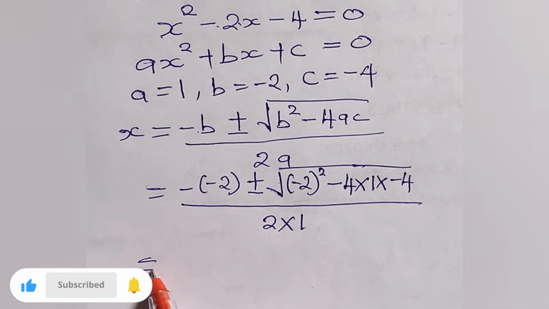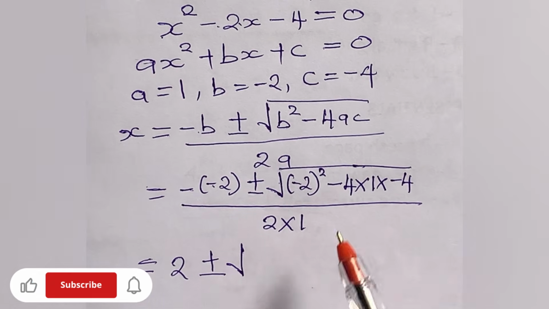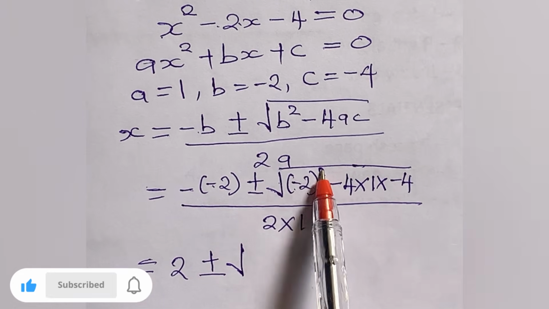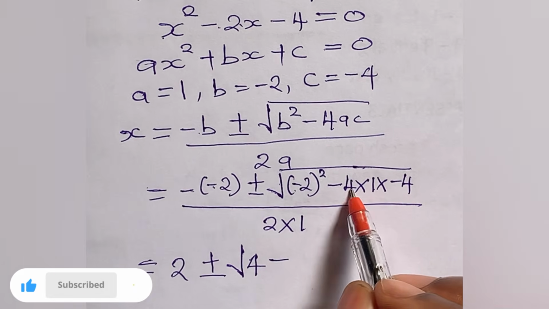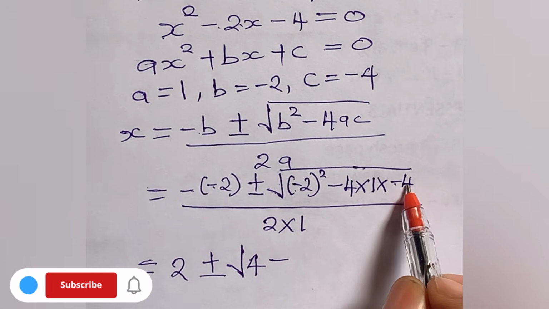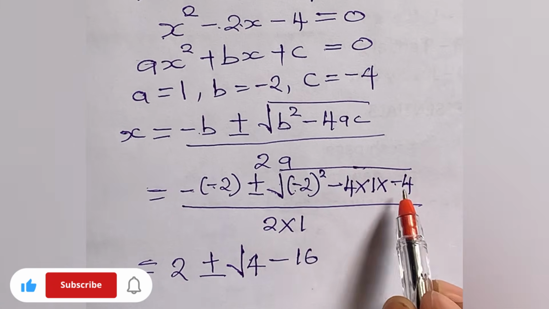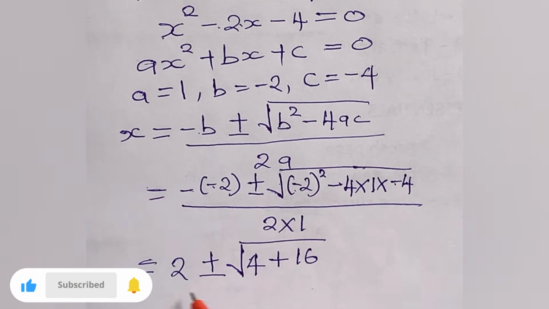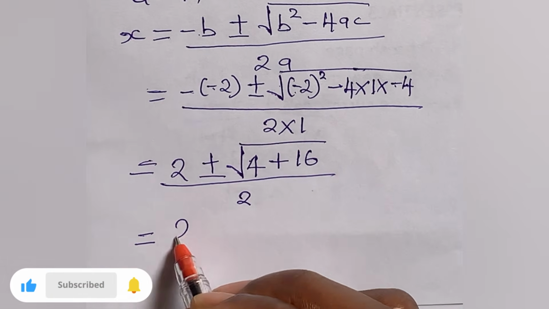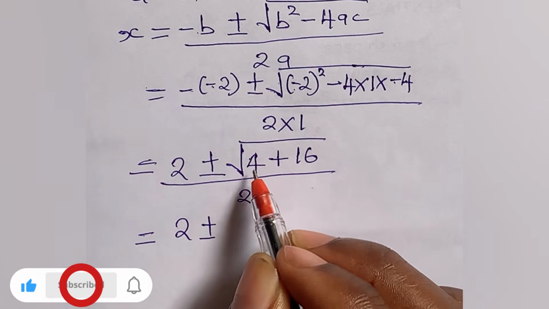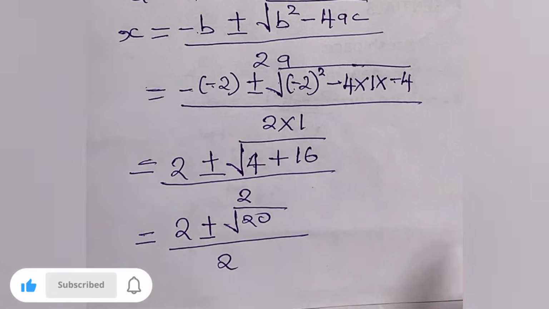So we have minus minus giving us plus, plus or minus root negative 2 squared is positive 4, minus 4 multiplied by 1 multiplied by minus 4 is going to give you minus 16. So minus minus is what? Plus, all over 2. And that's equal to 2 plus or minus root of 4 plus 16, which is root 20, over 2.